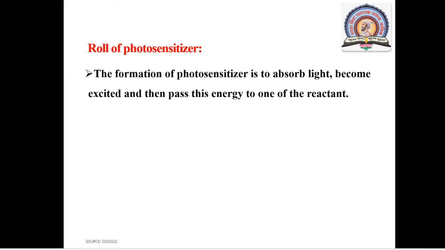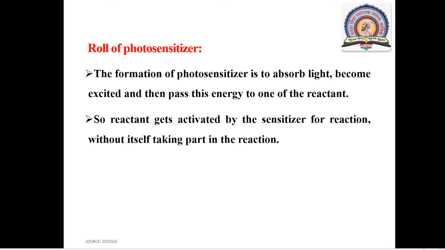Then it passes this energy to one of the reactants. So the reactant gets activated by the sensitizer for reaction without the sensitizer itself taking part in the reaction.